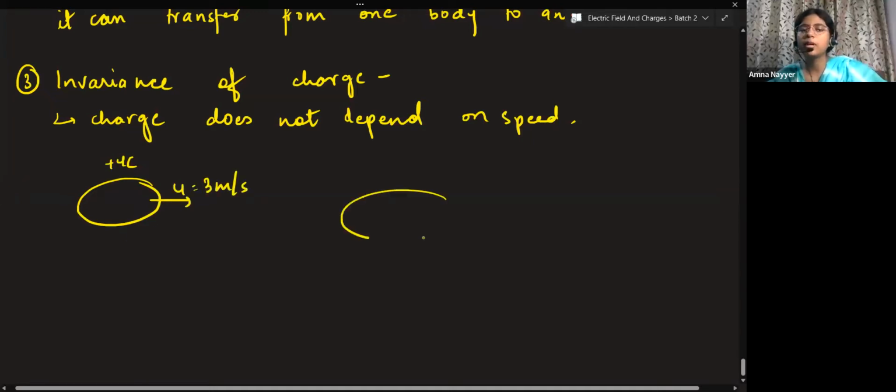After some time, the same body's velocity has become 5 meters per second. It doesn't matter that the velocity has increased by 2 units. It doesn't mean the charge should also become 6 coulombs. Charge will remain the same. This simply means it is independent of speed.